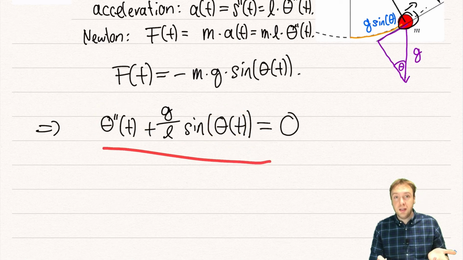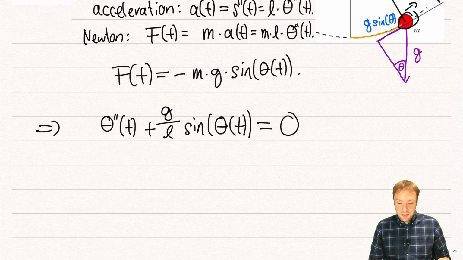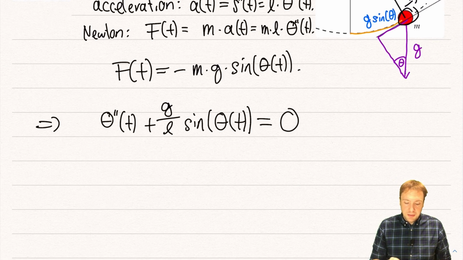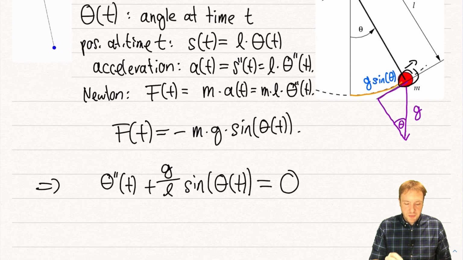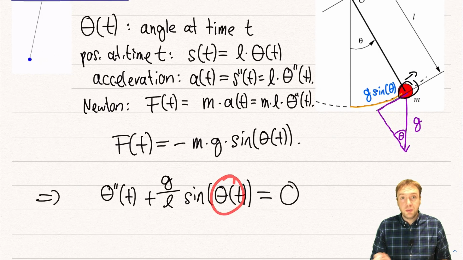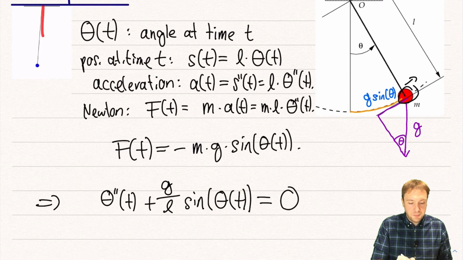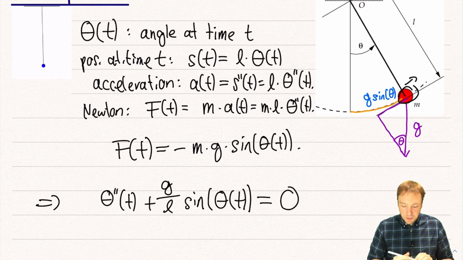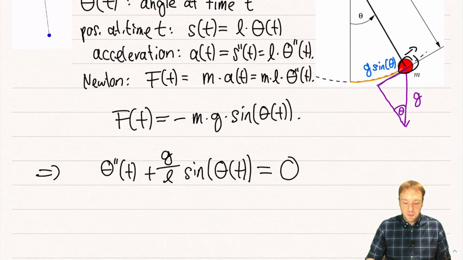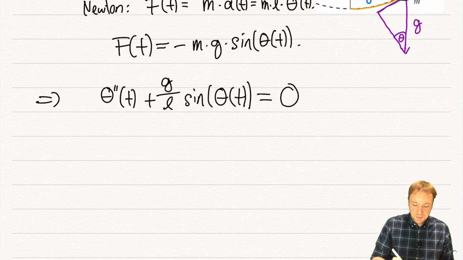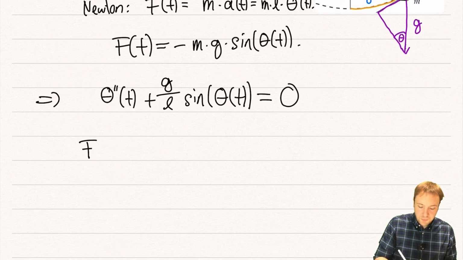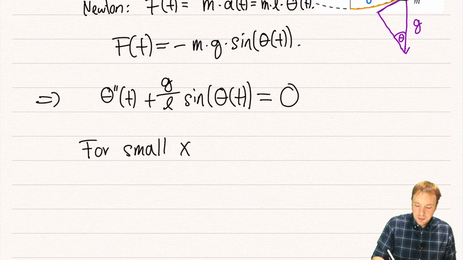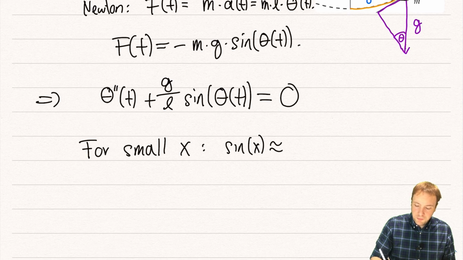So this is not really a linear differential equation we considered in this course. But what we can usually do is, if this angle is small, for example here in this picture it's not going crazy like 90 degrees, so if we assume that this theta is small, we have this approximation. For small x, we have that the sine of x is roughly given by x.